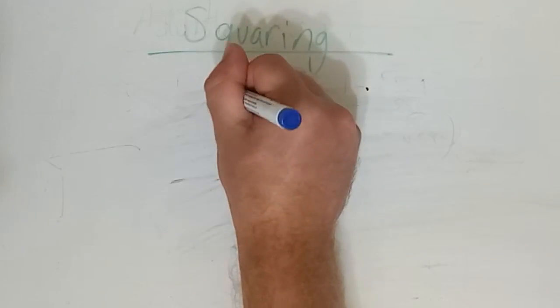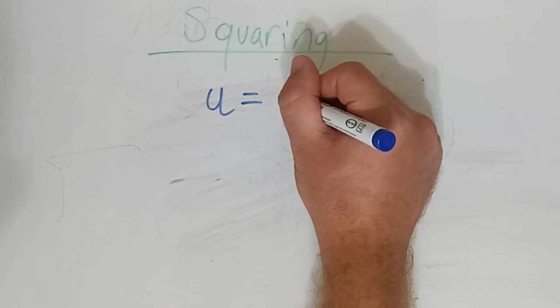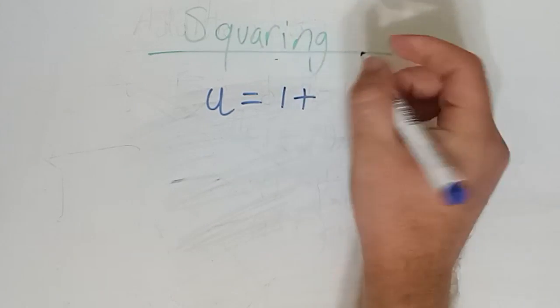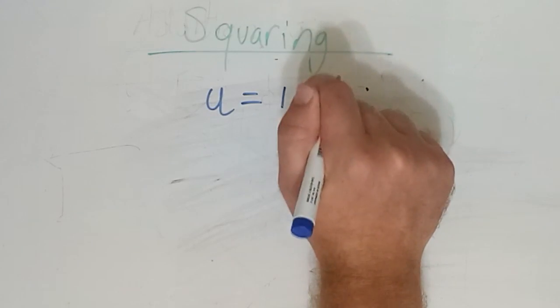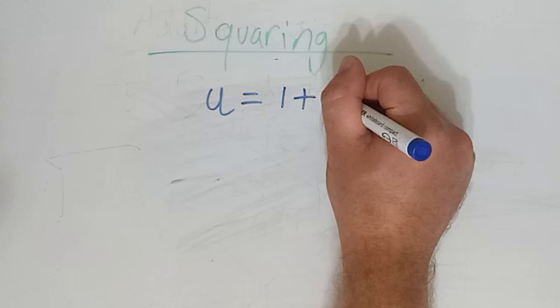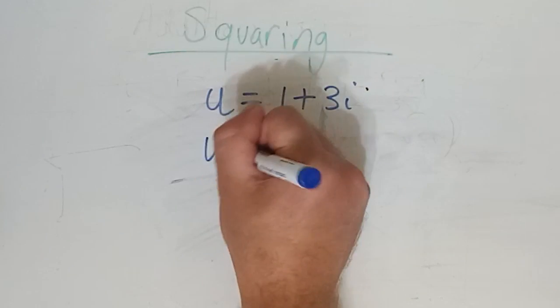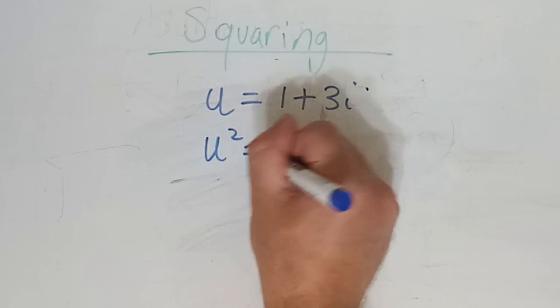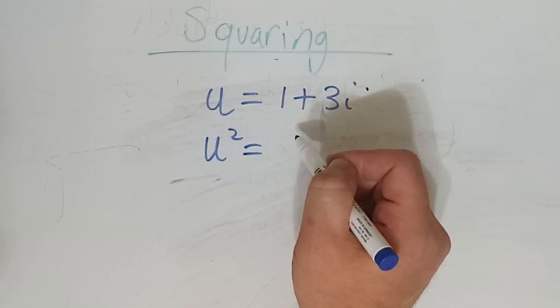So I'm going to say u is equal to 1 plus i. No, it's not a very interesting number. Let's go 1 plus 3i. Again, not that interesting, but that's okay. U squared. To get the real part, I square this number and minus them away from each other.